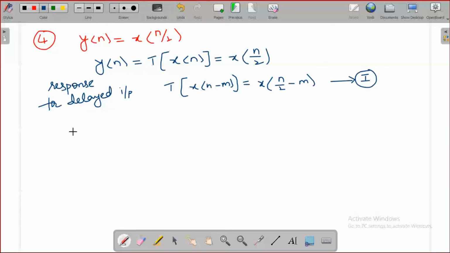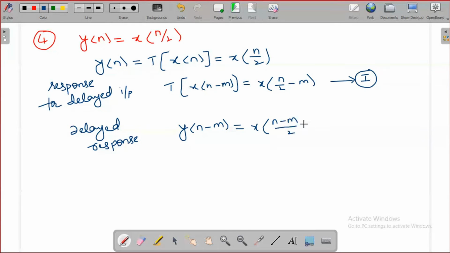Now the second one is the delayed response. What is a delayed response? y of n minus m. How are we evaluating the delayed response? In place of n, substitute n minus m. So it is x of n minus m divided by 2, which is equation 2.